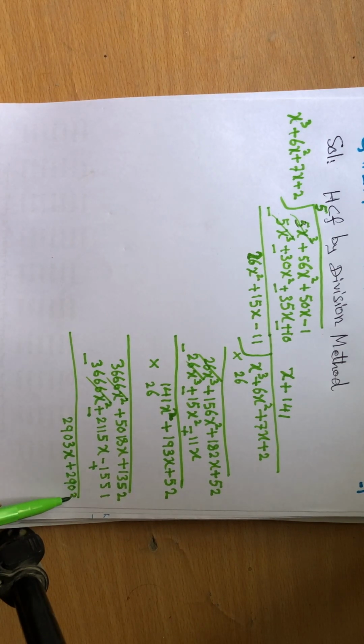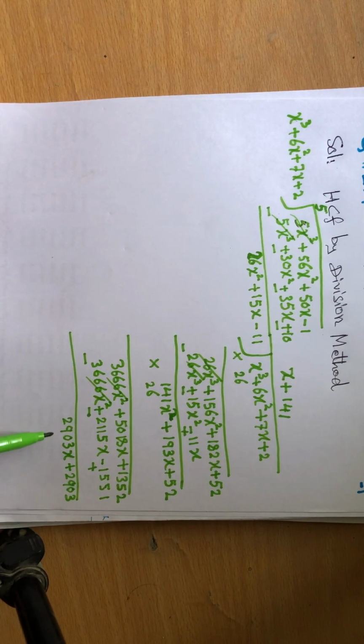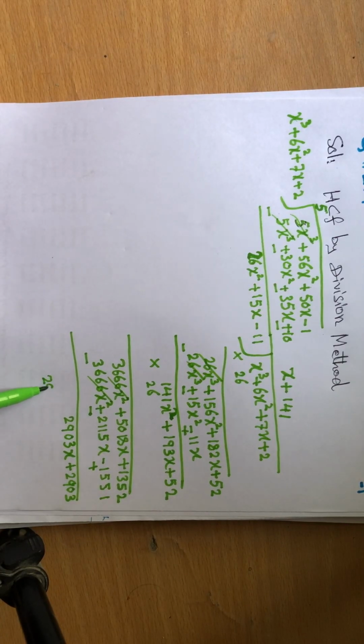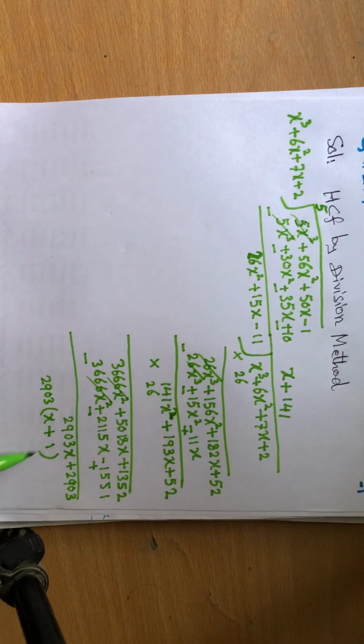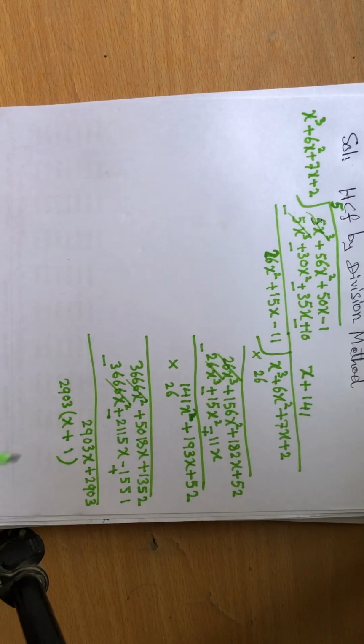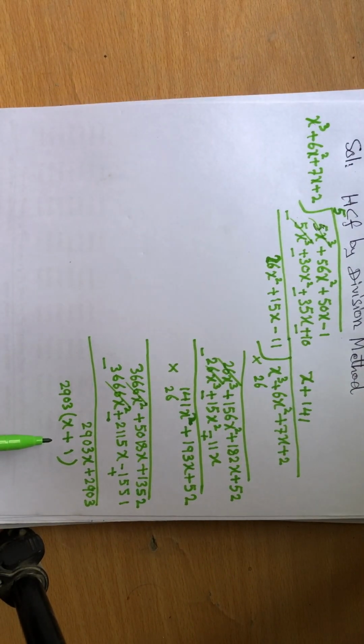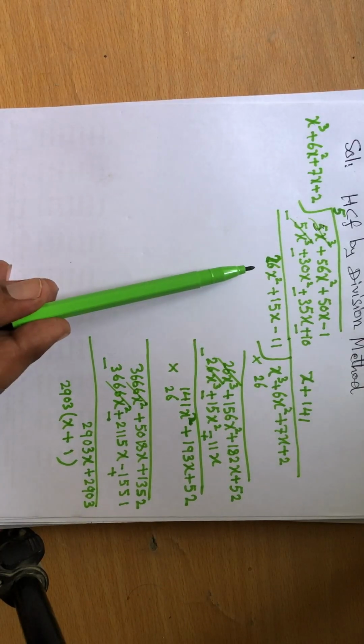Now both remaining terms are the same here. It means both the x coefficient and the constant are the same. We can take out 2903 as common, and from the first term x is left, and from the second term plus 1 is left. Now 2903 will be left here.